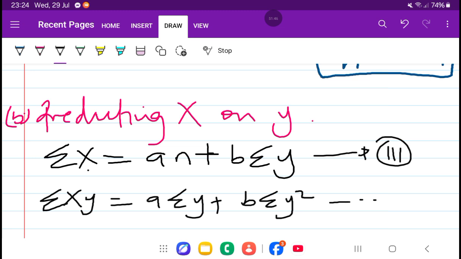This is equation 4. If you solve this, it will also give you these a and b values.